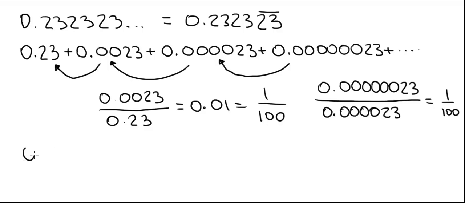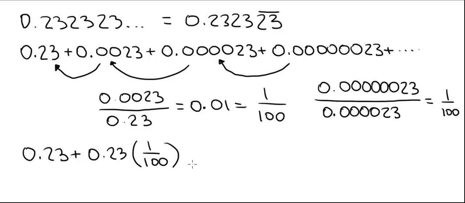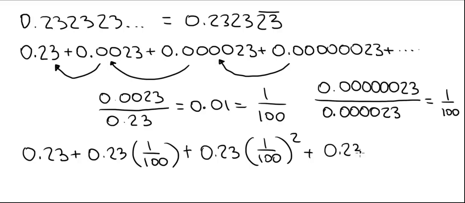So we can rewrite it in the following way: 0.23 plus 0.23 times the common ratio 1 over 100. That will give us the next term. 0.23 times 1 over 100 squared plus 0.23 times 1 over 100 cubed, and so on.